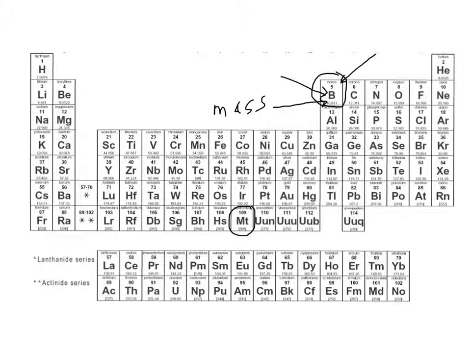And in those cases, the element itself is not stable. Some of the elements down below here, that particular series, are all artificially made. They seem to be discovering new ones every year.